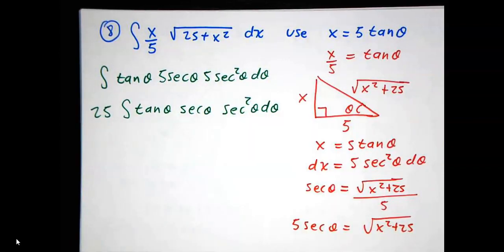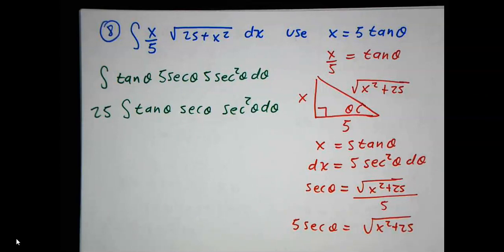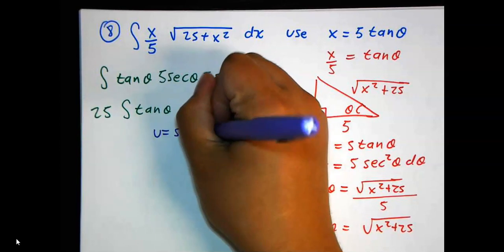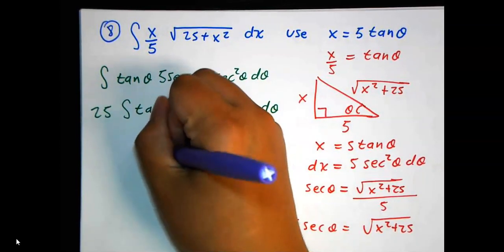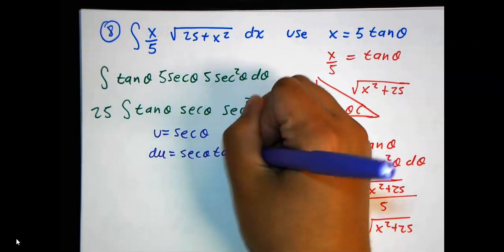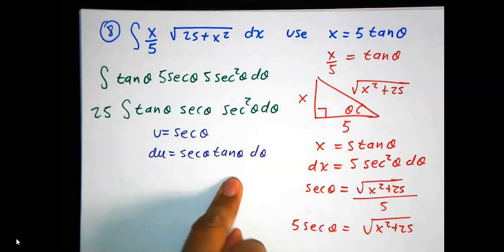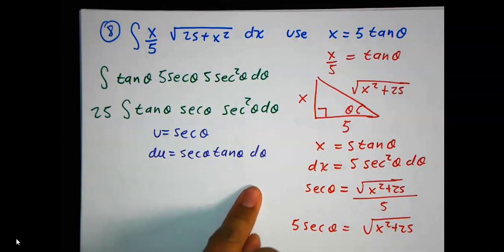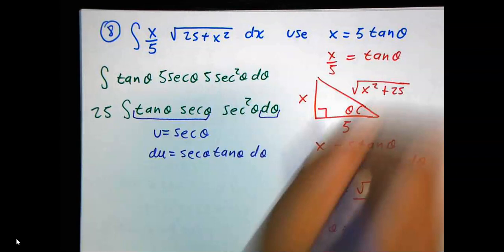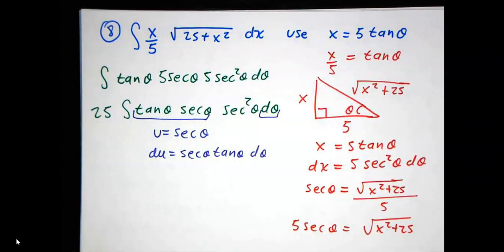Now I'm going to do a u substitution. I'm going to let u be secant of theta. So then the derivative of secant is secant tangent. It doesn't matter since we're multiplying whether I have secant tangent or tangent secant, which I have right there, d theta.